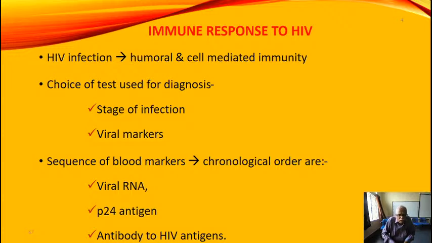But the fallacy of this test is that P24 appears early and disappears early. Why does it disappear? Because this antigen will be neutralized by the IgG antibodies that are produced subsequently.